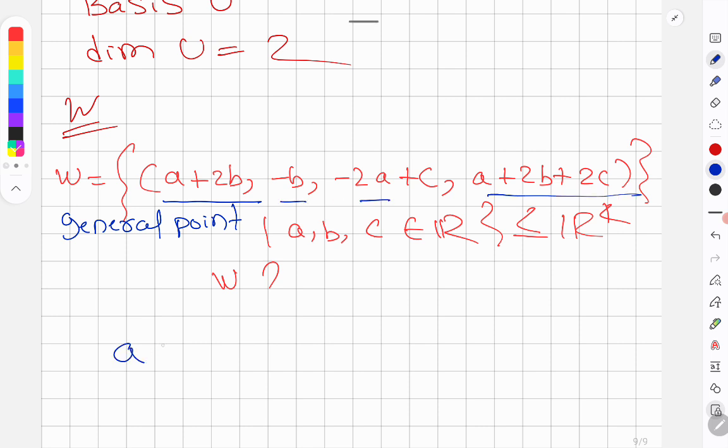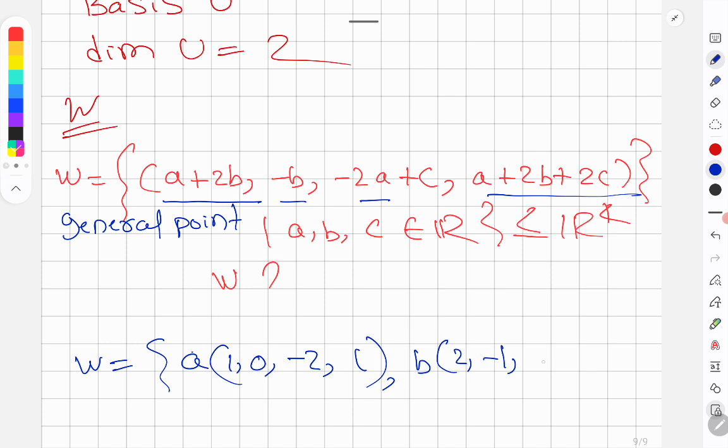If I take the common A, I can write W equals, what is the coefficient of A? 1, 0, -2, 1. And second, I am taking the B: 2, -1, 0, 2. And for C, I am taking 0, 0, 1, 2.